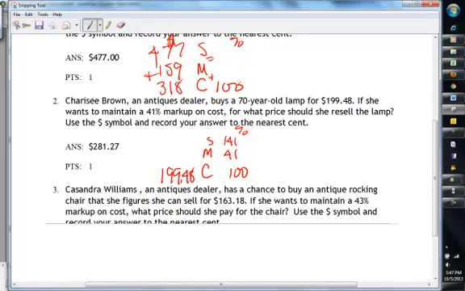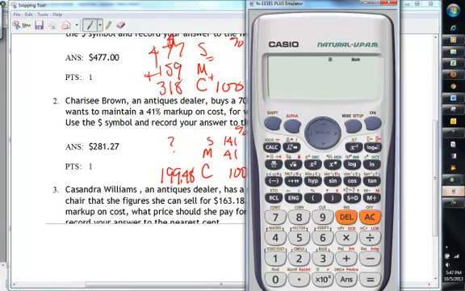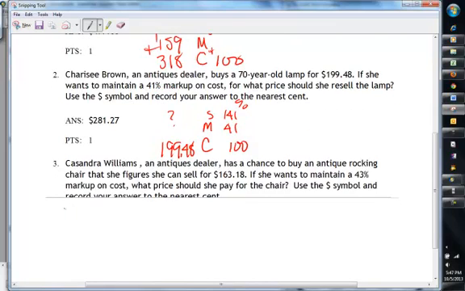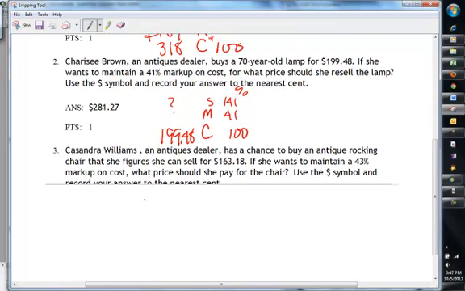That will be the selling price, and that's what we're looking for. So on our calculator, we'd cross multiply and divide: 199.48 times the 141% divided by 100 gives us $281.27.